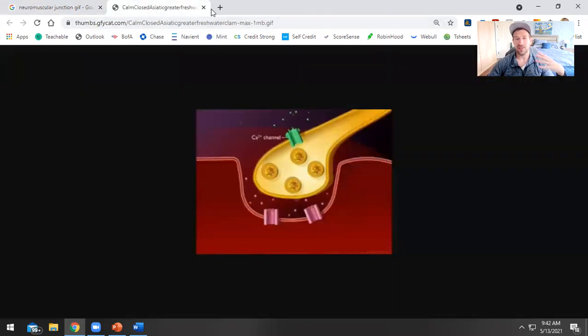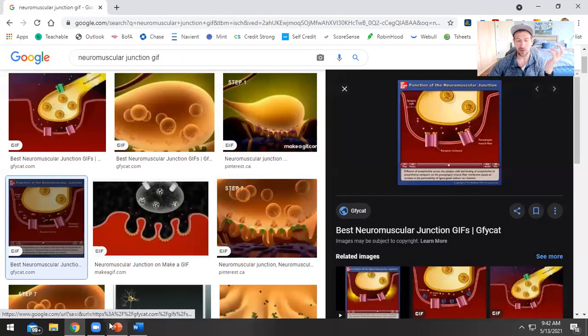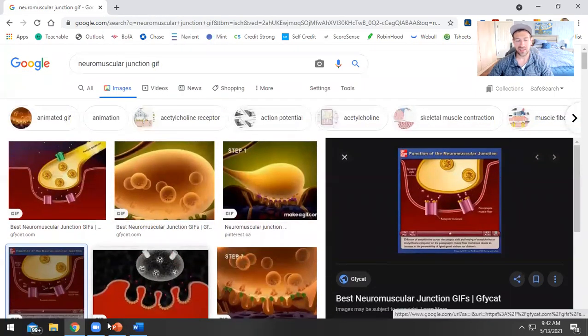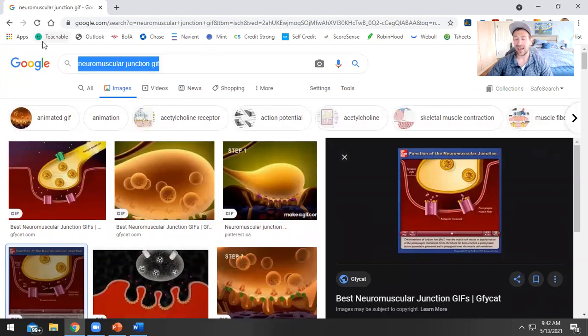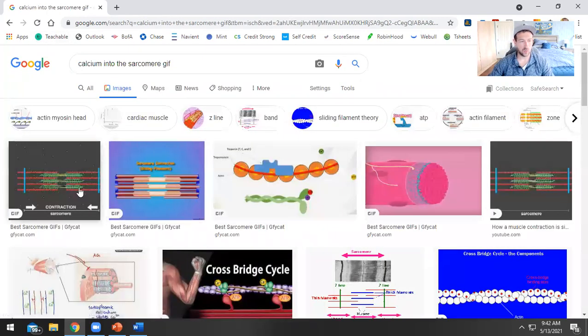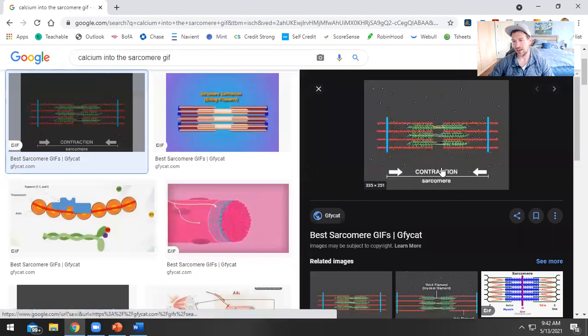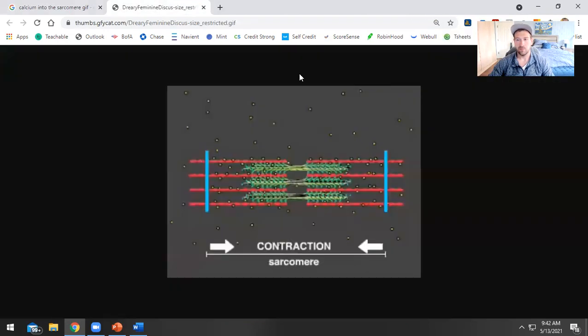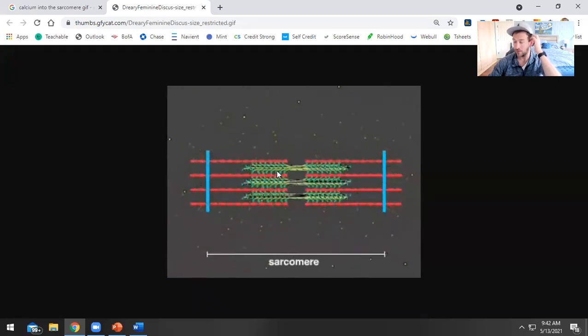And when that runs across the entire muscle fiber, it will actually release calcium into the sarcomere. And you can actually see it here, these little tiny dots, calcium moves in, okay?